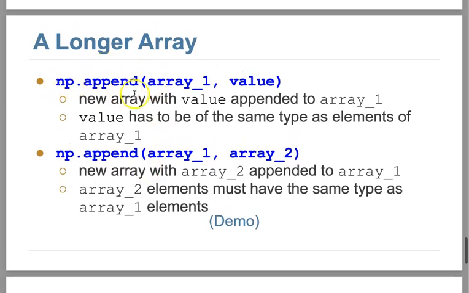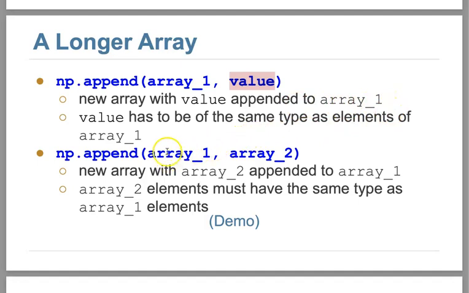The first one is NumPy append. It has 2 parameters. The first parameter is the original array. If we pass in a value, it adds this value to the end of the array. So the new array will have the value appended to array 1.